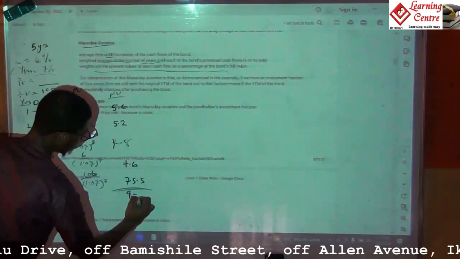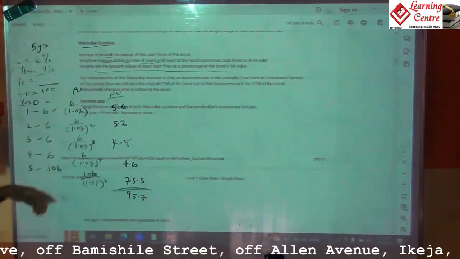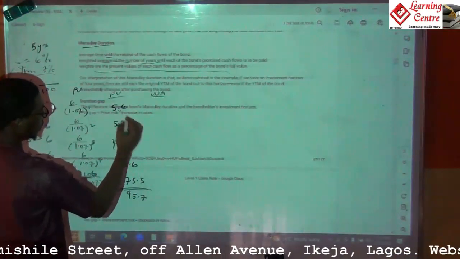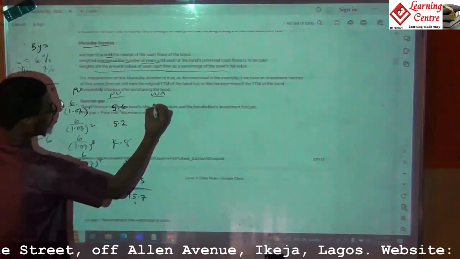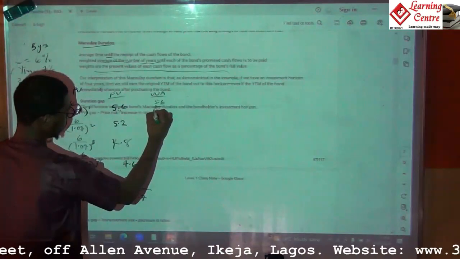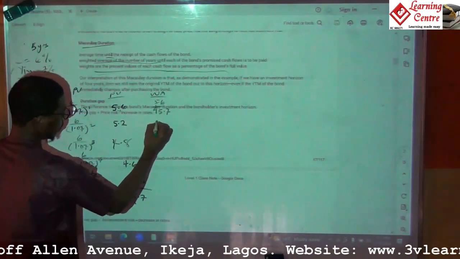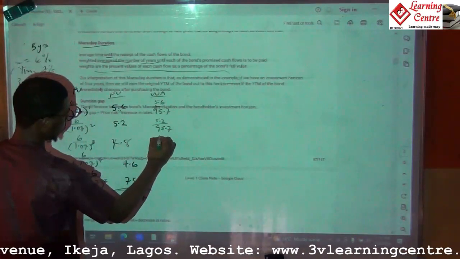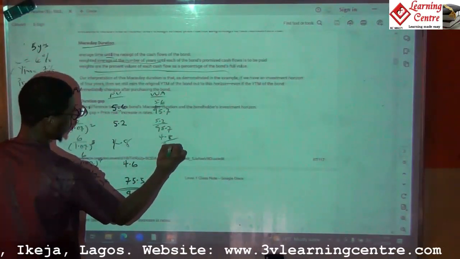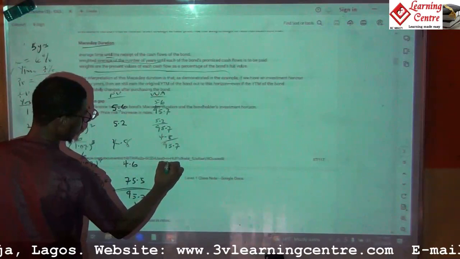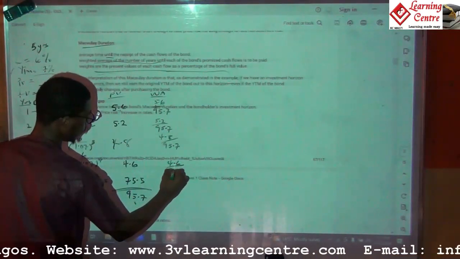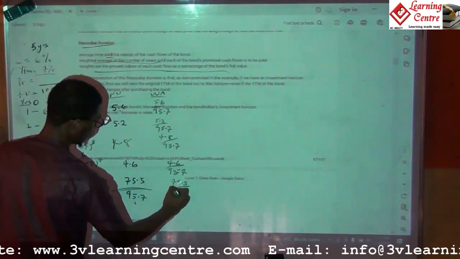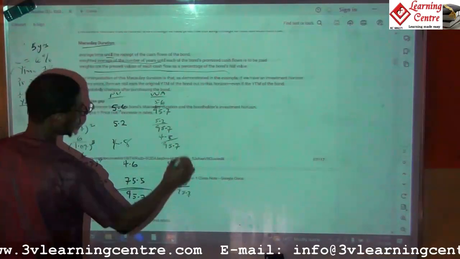The weighted average is going to be 5.6 over 95.7, 5.2 over 95.7, 4.8 over 95.7, 4.6 over 95.7, and 75.5 over 95.7.